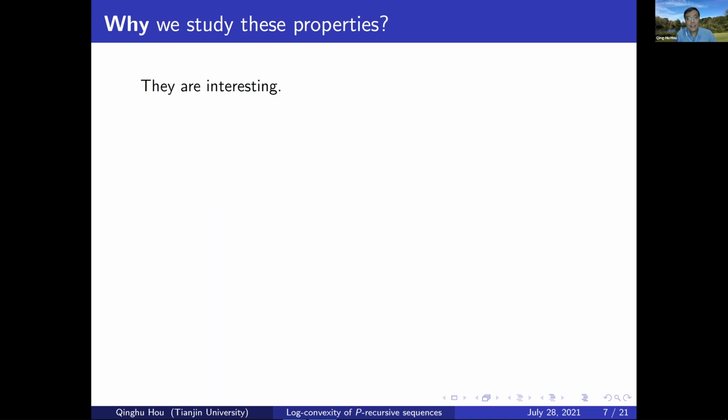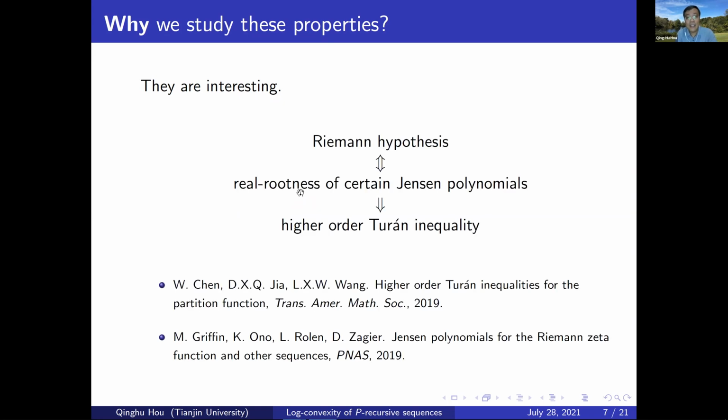So the next question comes, why do we study these properties? A simple answer is they are interesting, but it doesn't help when you apply for a grant. Fortunately, we have a good reason, because it is related to the famous Riemann hypothesis. In fact, the Riemann hypothesis is equivalent to the real-rootedness of certain Jensen polynomials.